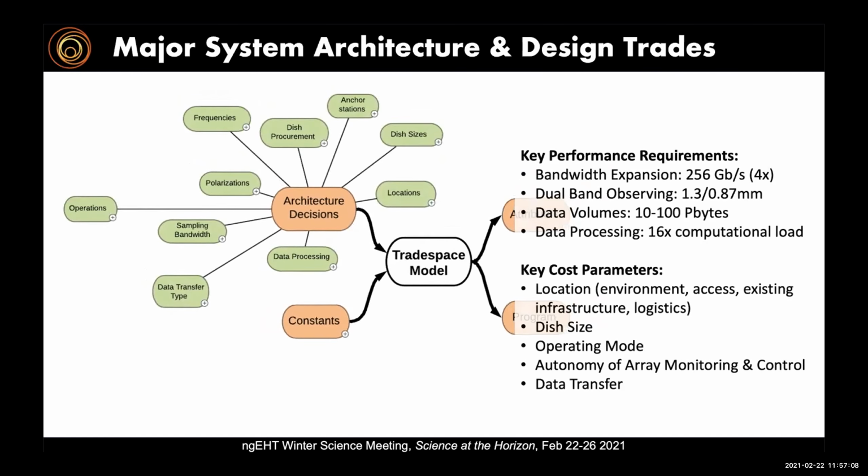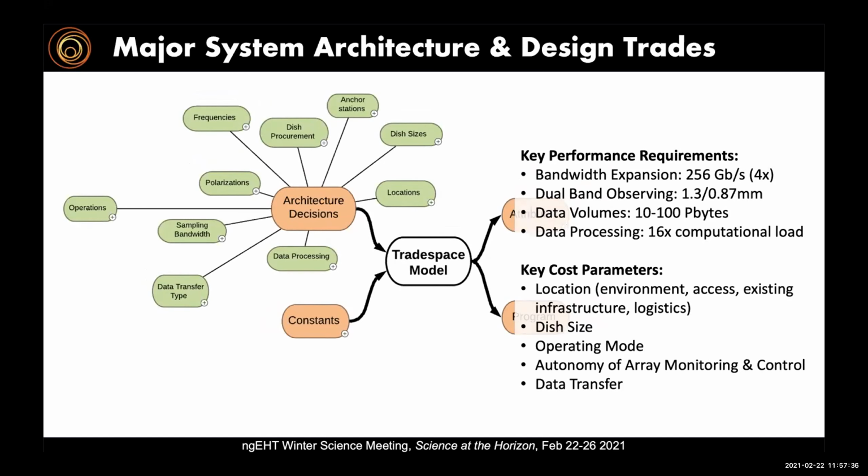I touched on a number of the requirements already, so I won't highlight too much here, except that we also want to consider what's driving the cost. We really want to be aware of those cost drivers. For us, of course, location is a major factor. The environment we're going to be operating in, the environment we're going to be building in, access, infrastructure, logistics, things like that.